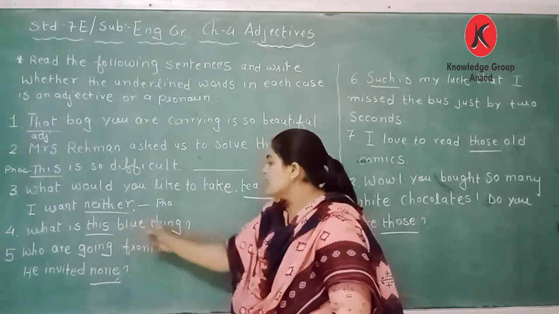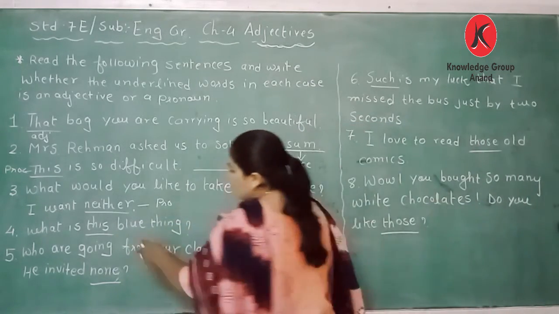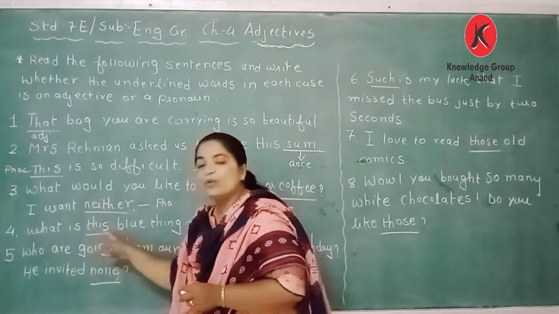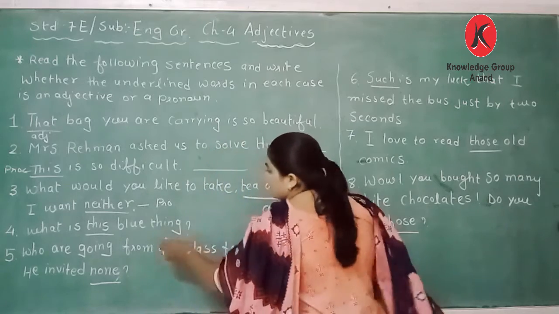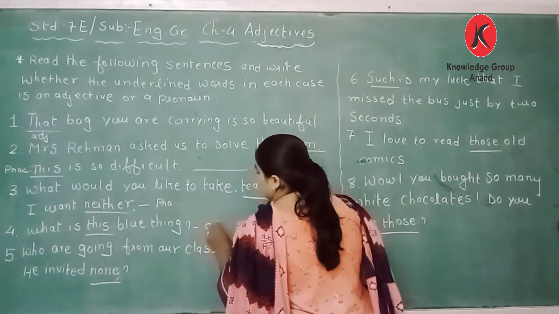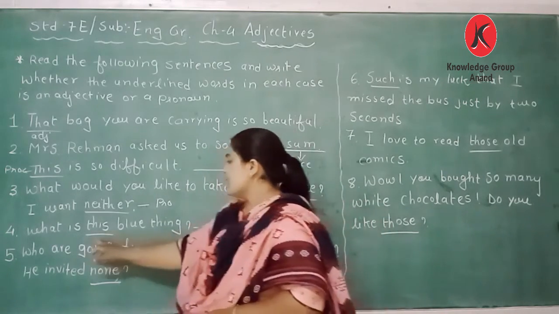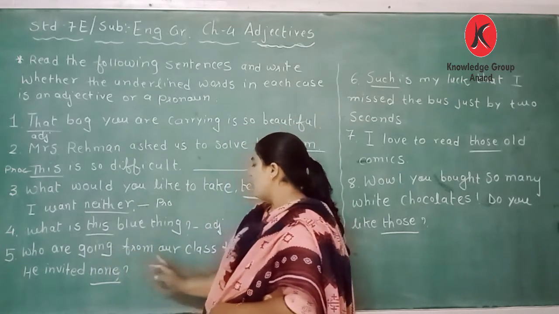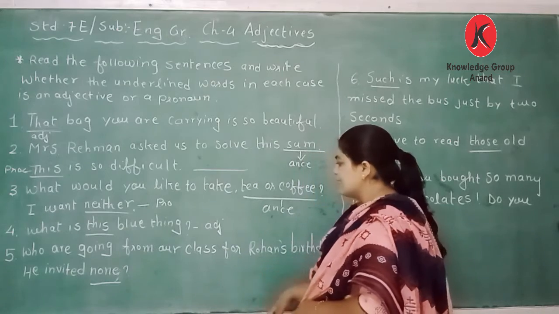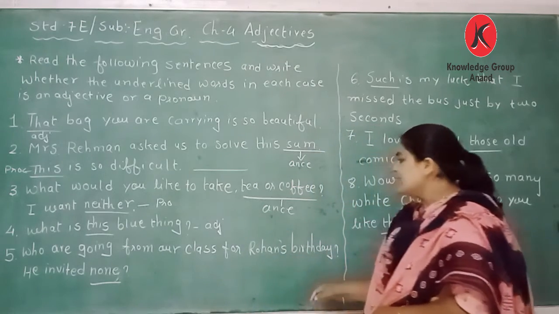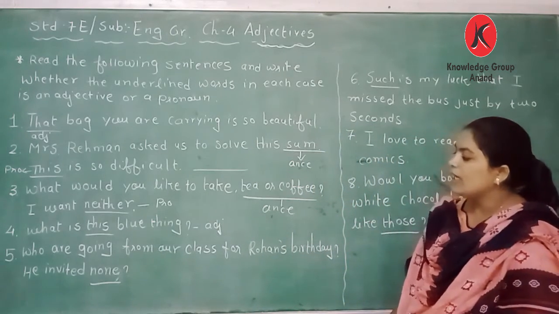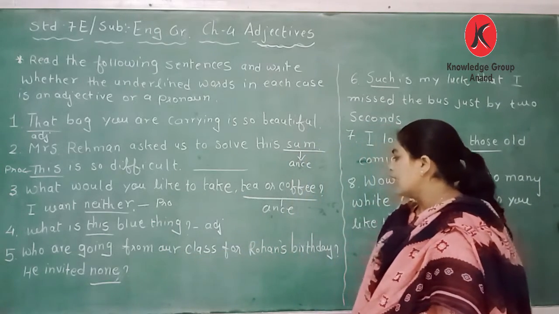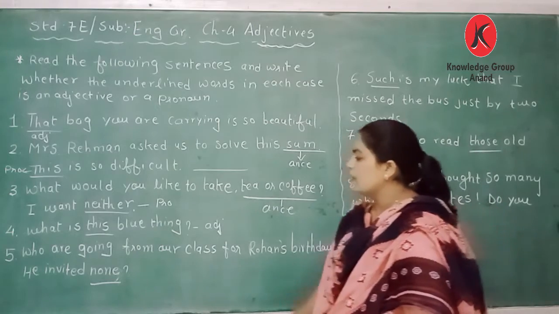Next is: What is this blue thing? Blue is a noun, and this modifies a noun, so this is an adjective in this sentence. Next: Who are going from our class for Rehan's birthday?